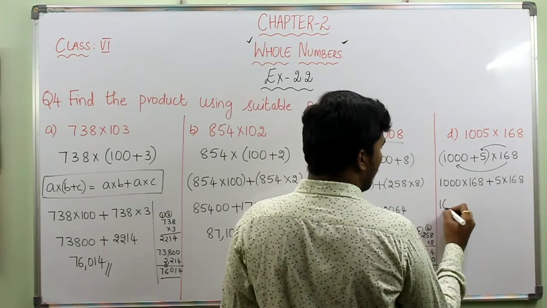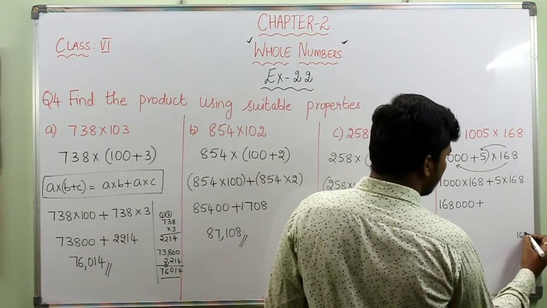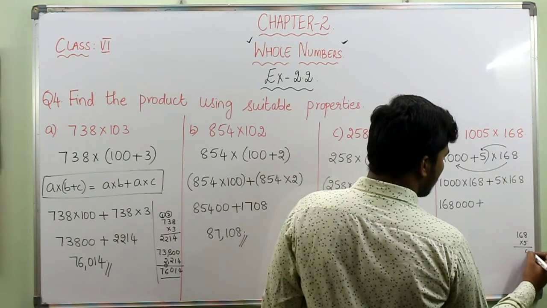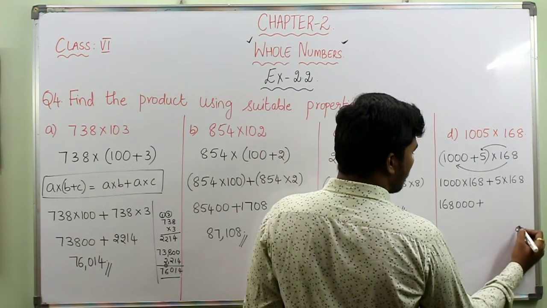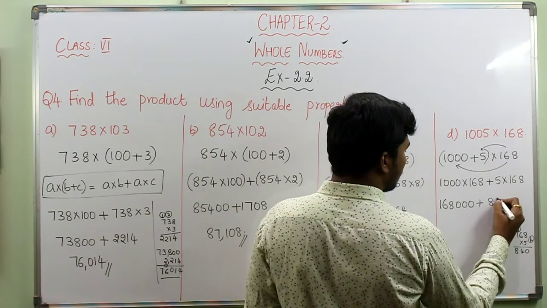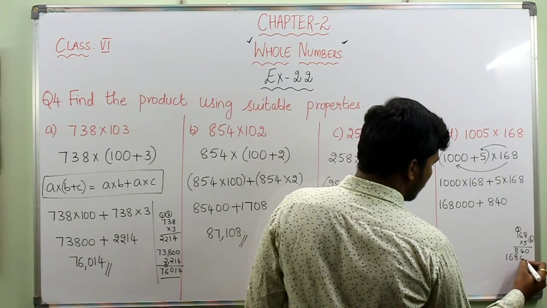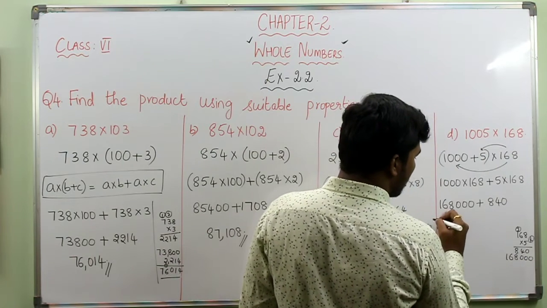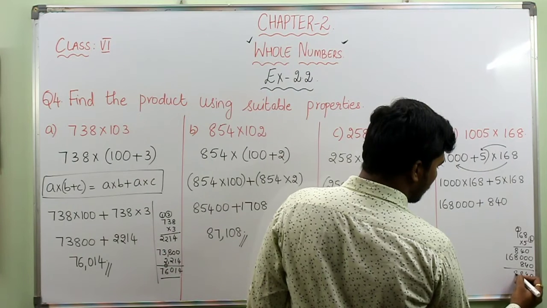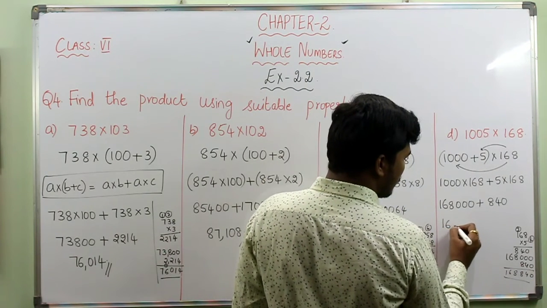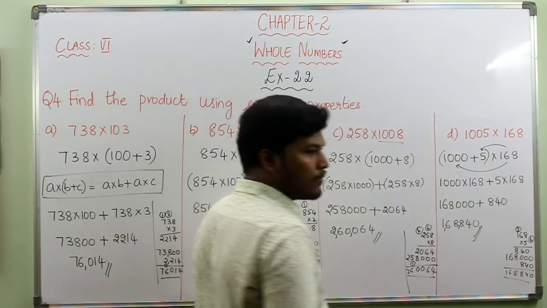So it will become 168 with 3 zeros, plus you can multiply this: 8 5s are 40, 6 5s are 30 plus 4 is 34, 5 1s are 5, so 840. Okay, now add this: 168,000 plus 840. So 1,68,840.